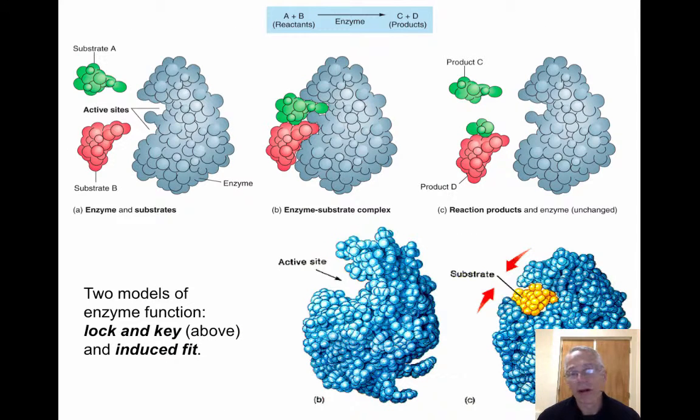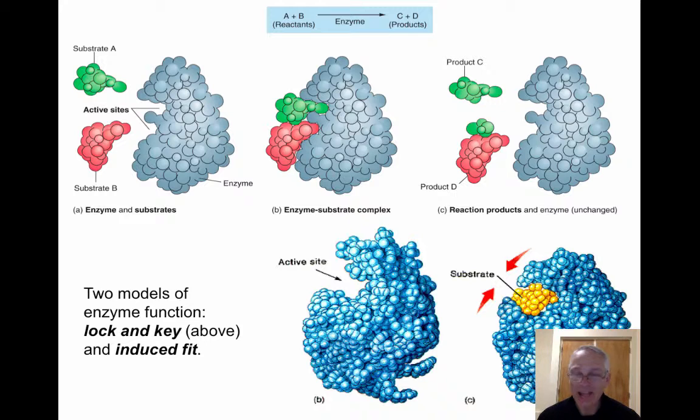And the two models for enzymes, really there's some truth to both of them. The lock and key suggests the very high specificity between enzymes and many of their substrate molecules, but it's also not a rigid structure like a lock and a key.